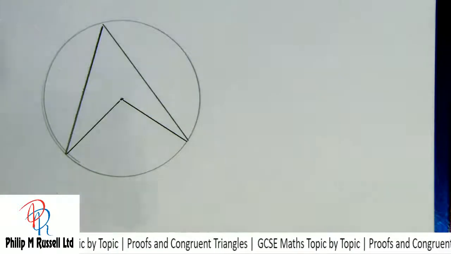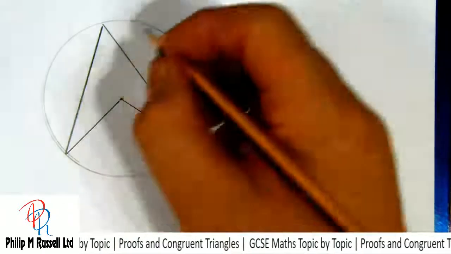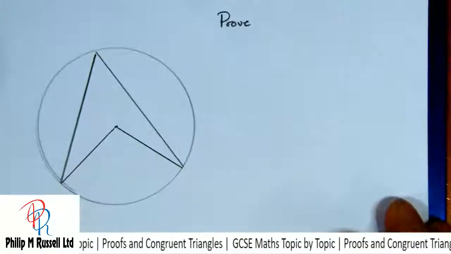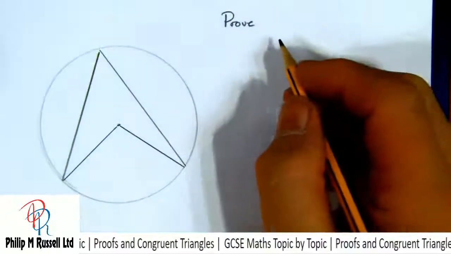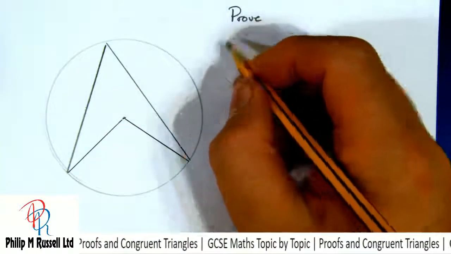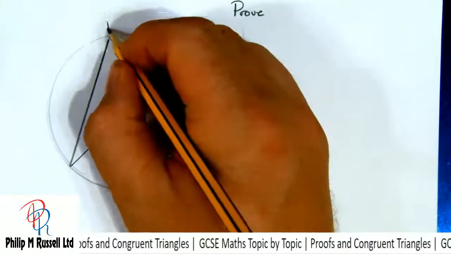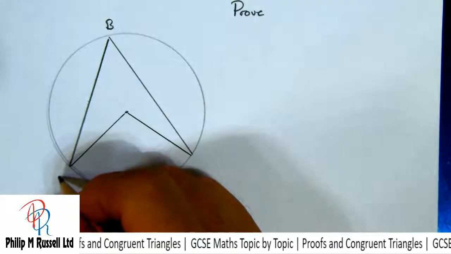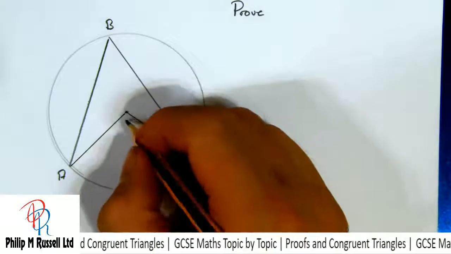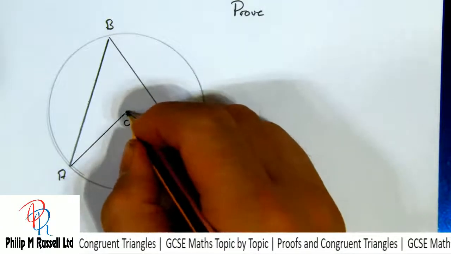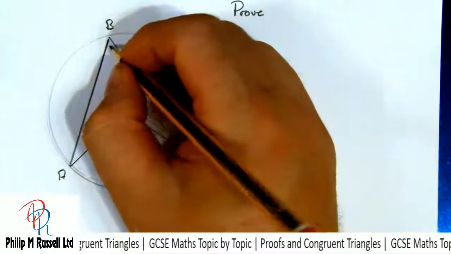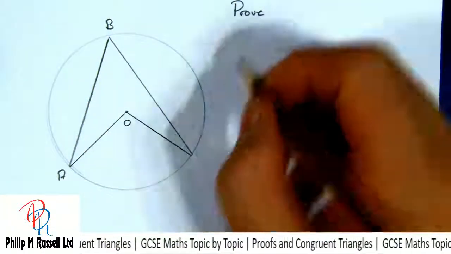What I've got to try and prove here is that the angle at the centre is twice the angle at the circumference.